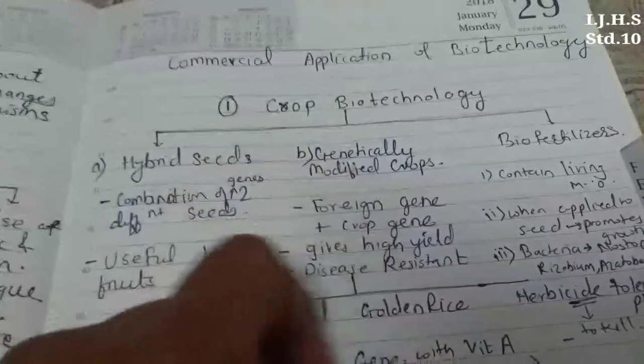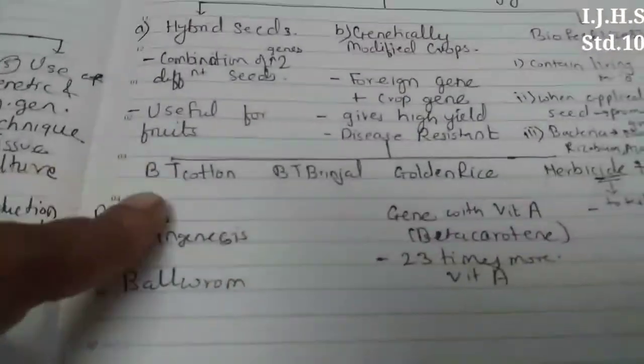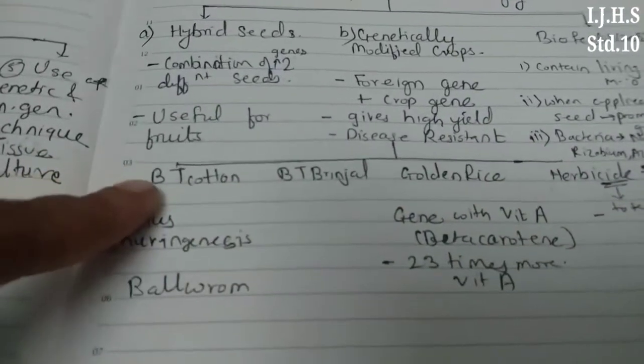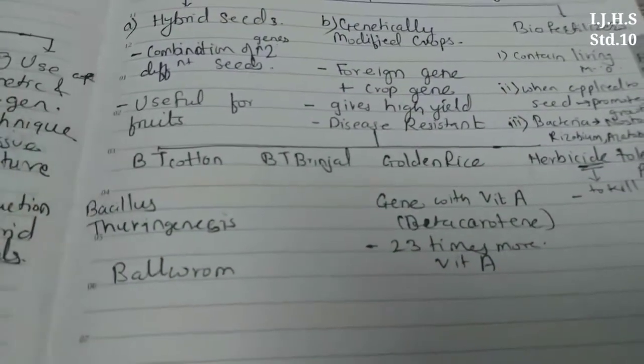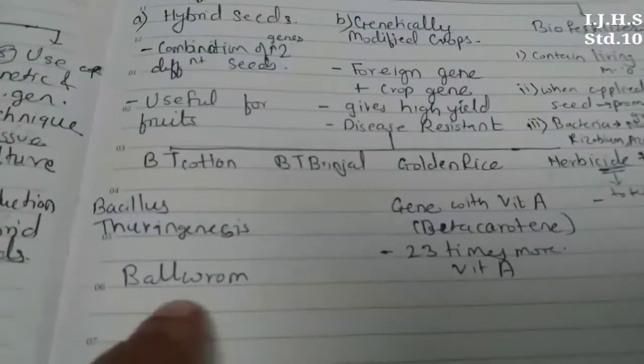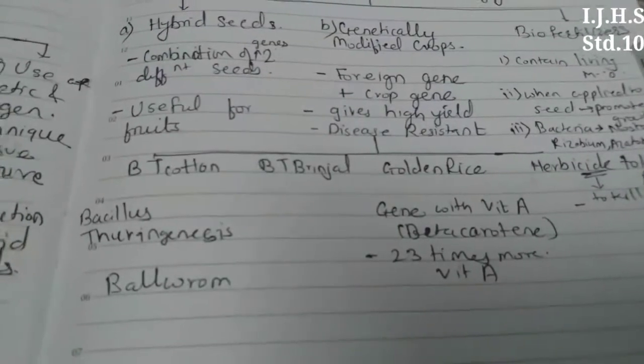Now where are these used? Which are the examples? We will see. BT cotton. Now, the cotton plant gets some diseases like bollworm, in which the insect eats that cotton.